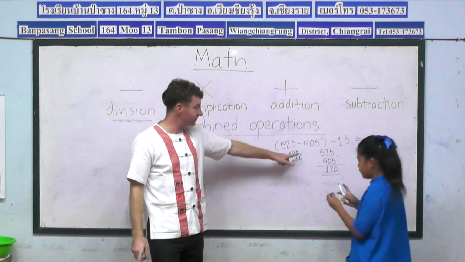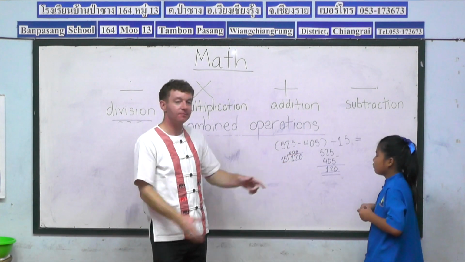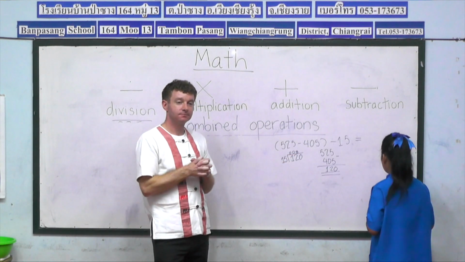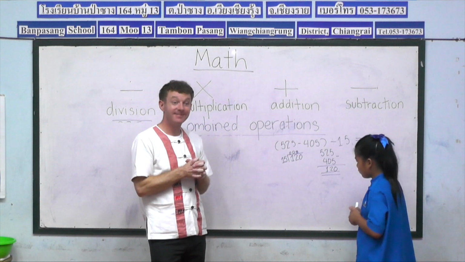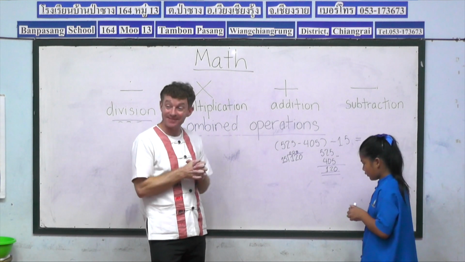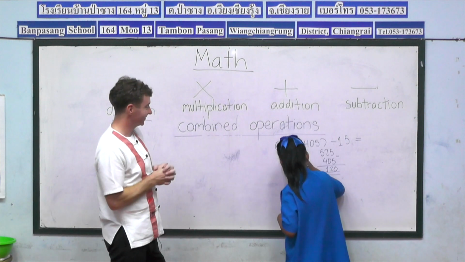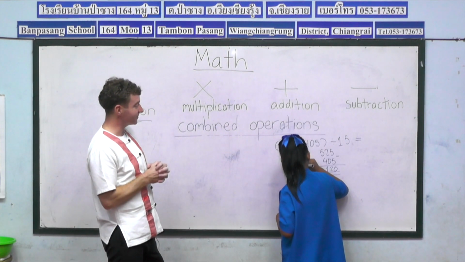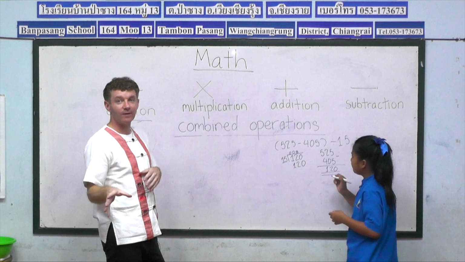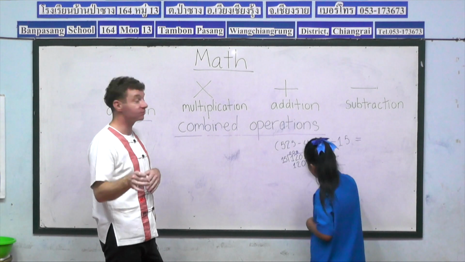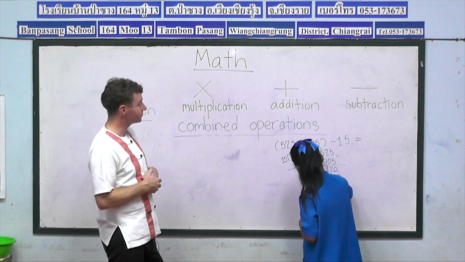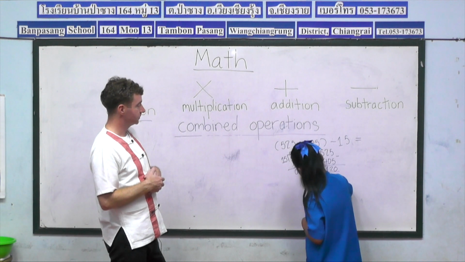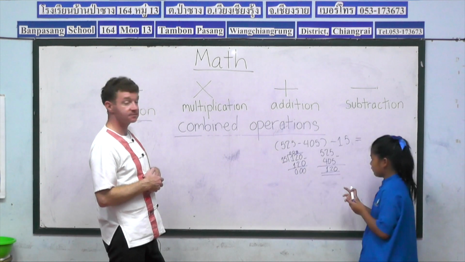So we can then say 8 times 15 is 120. Yes. 120 minus 120 equals 0. Any remainders?